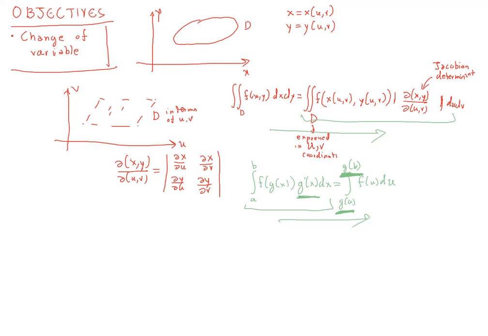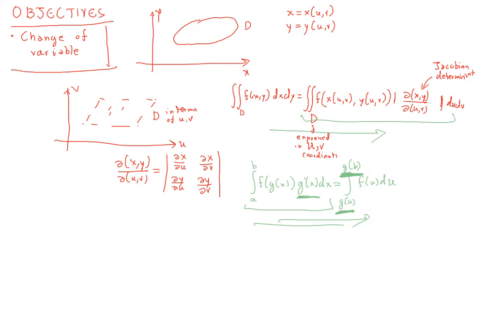The question that, of course, begs to be answered is why we are using them in opposite directions in each context. And the answer is very simple. In the case of integrals of one variable, our goal was to pretty much simplify the integrand. The domain was irrelevant in that case. The domain is an interval. You substitute a new variable, the domain is still going to be an interval.